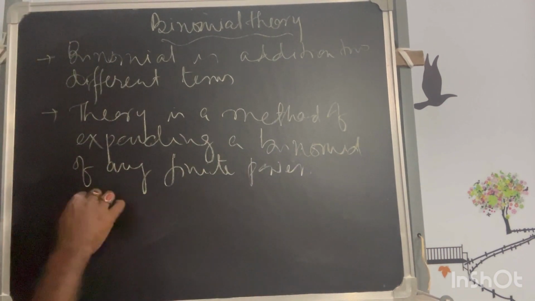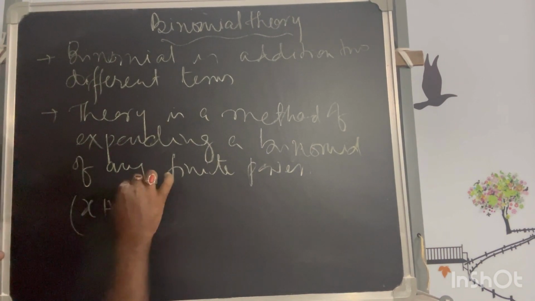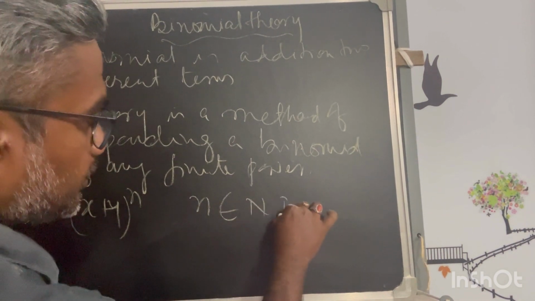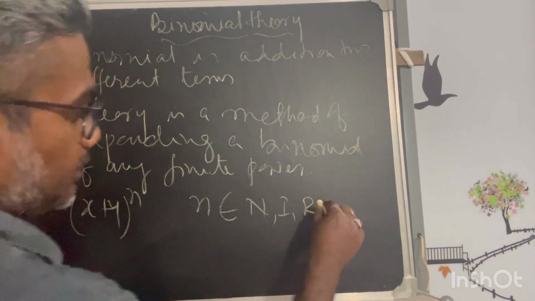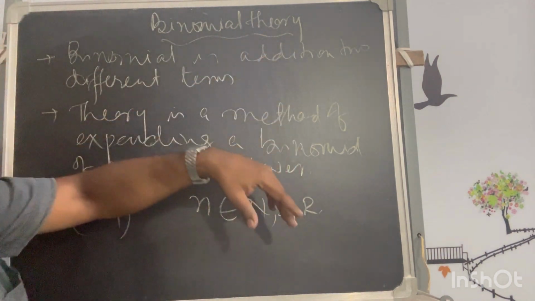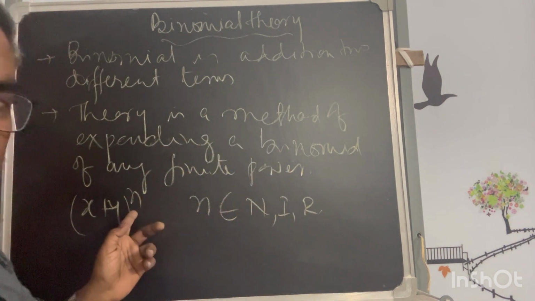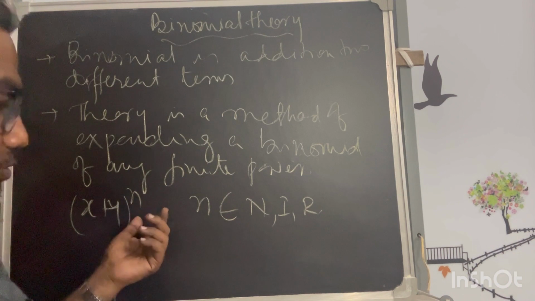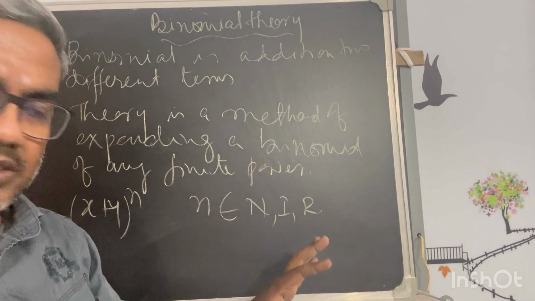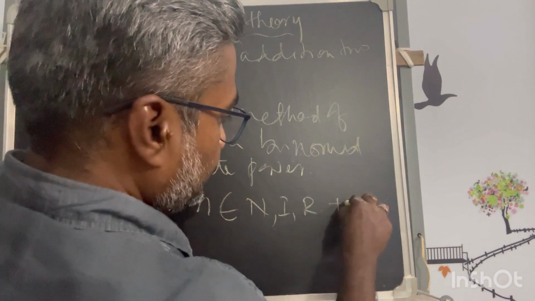So that means if I say x plus y is a binomial raised to the power of n, where n belongs to the natural numbers, integers and reals, and in this case for a finite series, because we will study the finite series, n could also be negative, but that will be a different kind of series. But we will study for n positive.